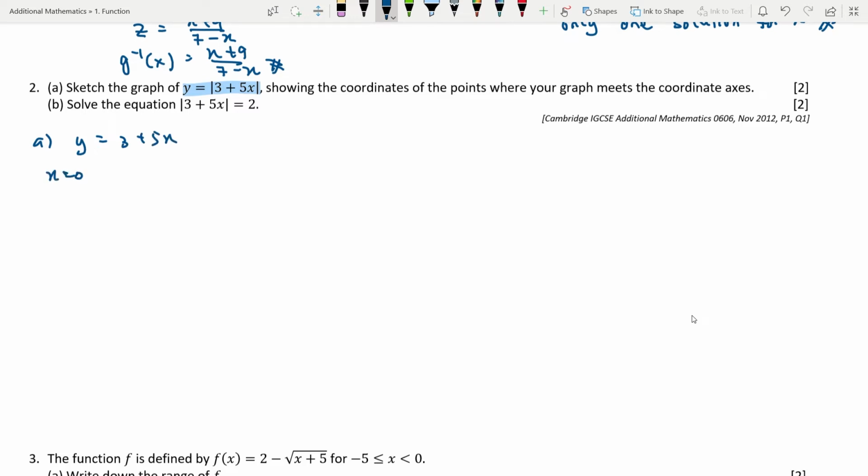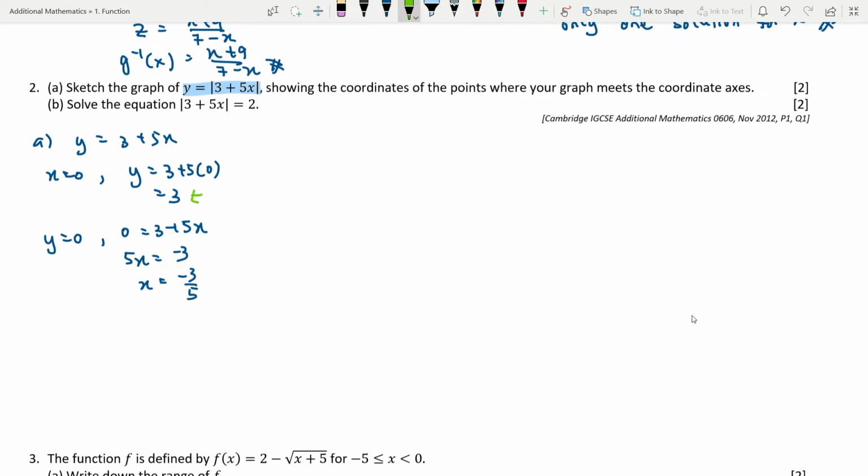When x equal to 0, y equal to 3 plus 5 times 0, which is 3. When y equal to 0, 0 equal to 3 plus 5x, 5x equal to negative 3, x equal to negative 3 over 5.